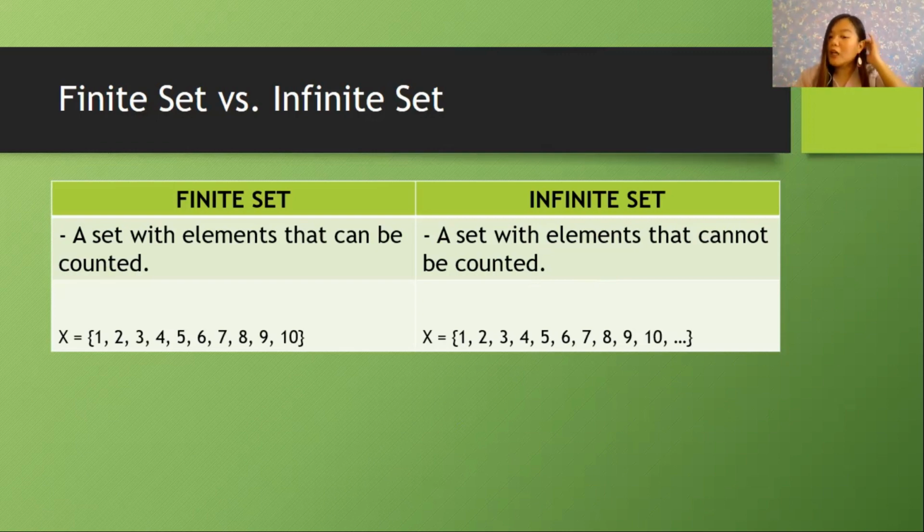If you do not describe where to start and where to end, that is not considered finite, but it is an infinite set. It has no limit. It goes on forever. But in a finite set, there is no forever. In an infinite set, there is forever. It does not stop.